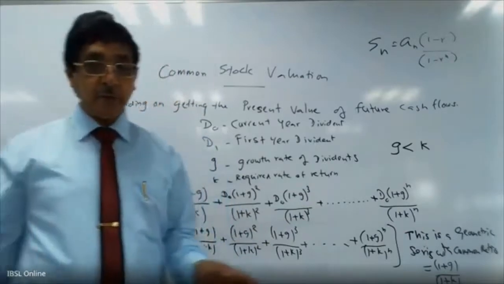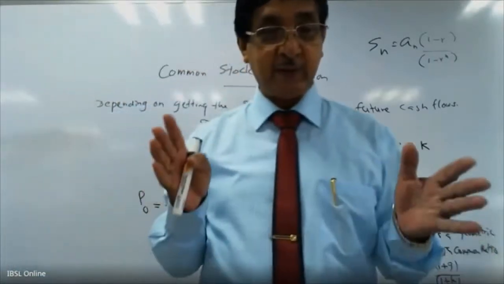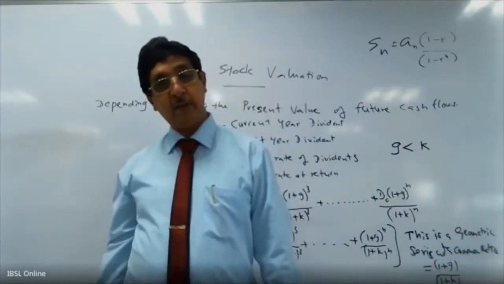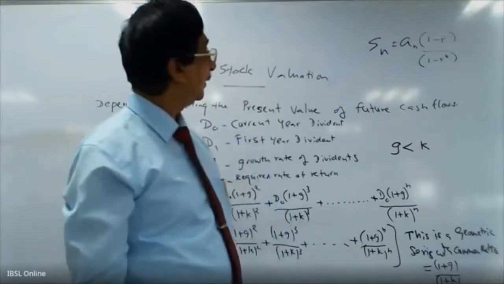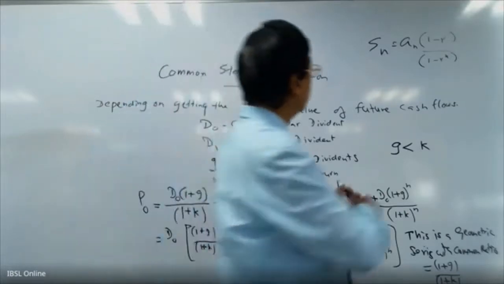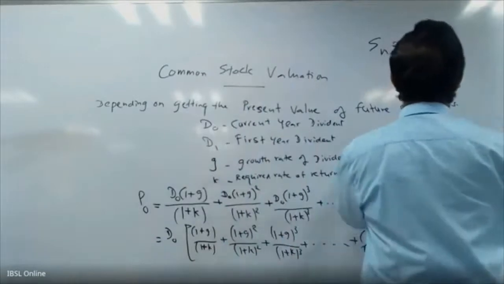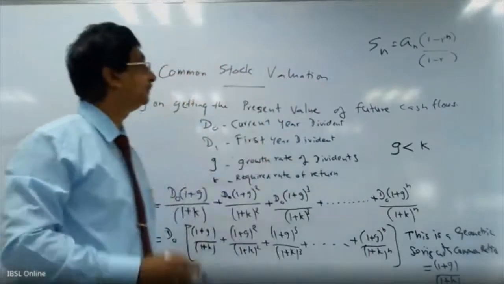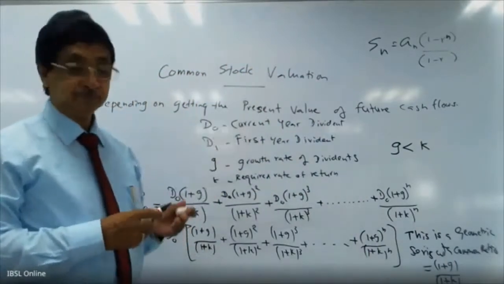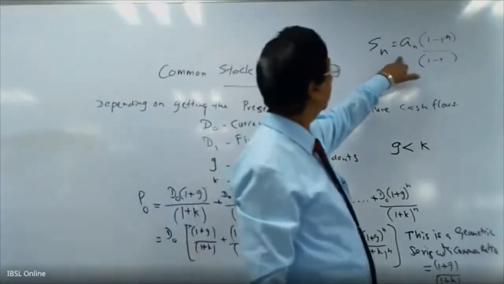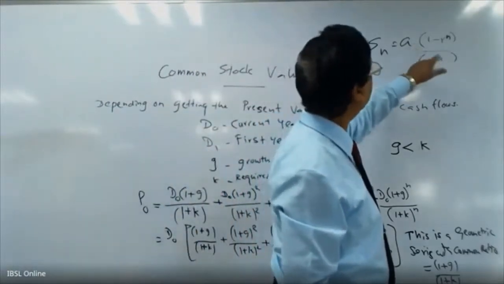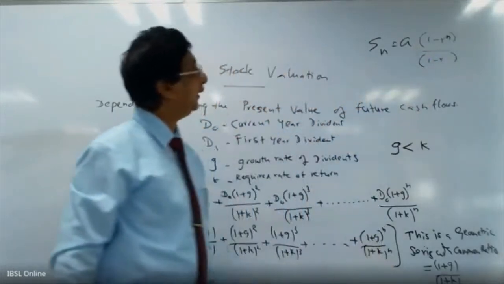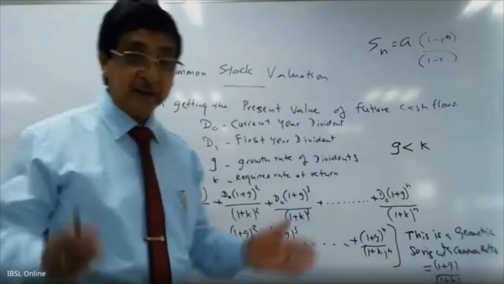If you apply that summation formula for a geometric series, you get this formula: A into 1 minus R to the power n, divided by 1 minus R, where R is the common ratio.